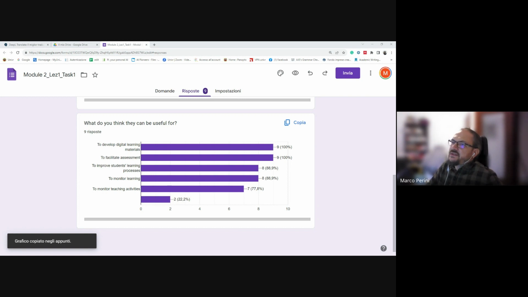Other point is that technologies should not be viewed as inertly decisive, but rather as tools that supplement rather than replace the quality of teaching interaction and strategy developed by teachers. And this is the main point. Technologies cannot replace the teacher and the role of the teacher.